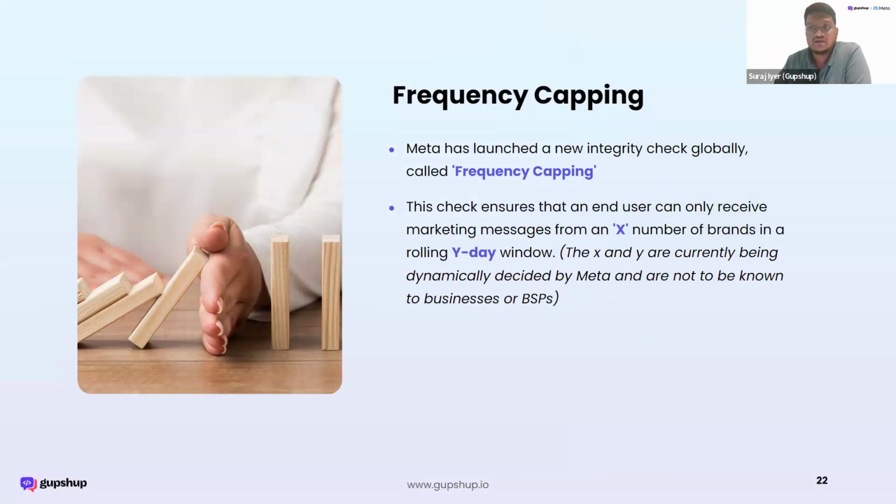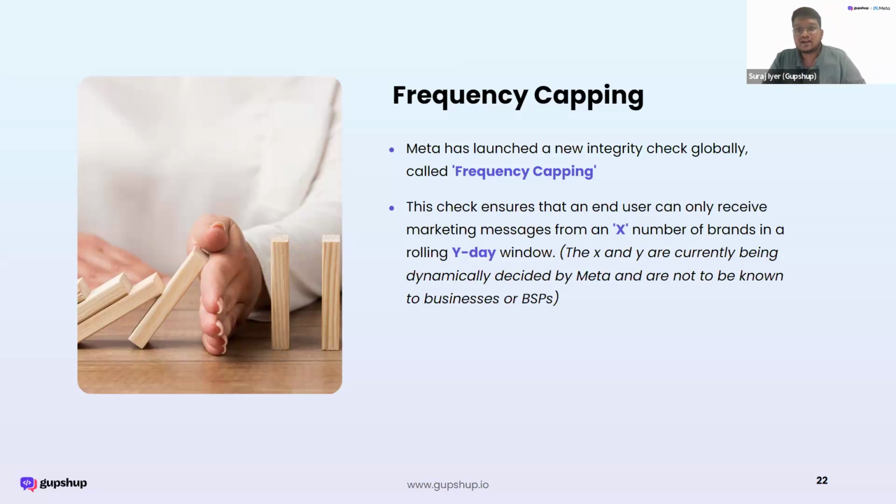So on Monday, which is the first day of the week, I received a message from Swiggy, Zomato, and Adidas. Now, for the rest of the week, if other businesses try to send me any marketing message, I will not receive that. So that is a frequency capping which is added on the end user itself.